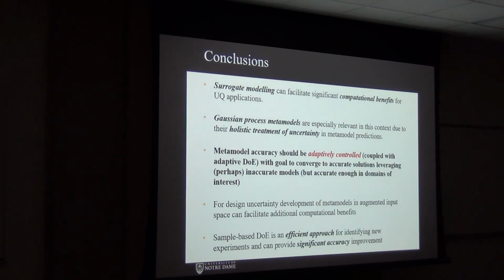Let's wrap it up. So, conclusions: surrogate modeling can facilitate significant computational benefits for UQ applications, and Gaussian process meta models are especially relevant in this context due to the holistic treatment of uncertainty.